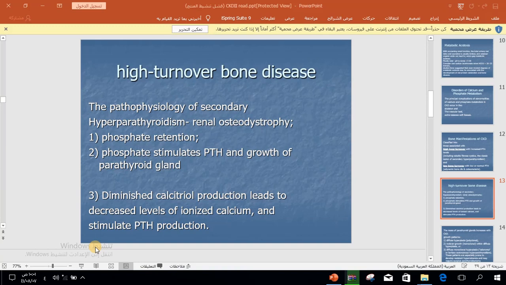In the kidney, it is converted to 1,25 dihydroxycholecalciferol, which is the active form of vitamin D.